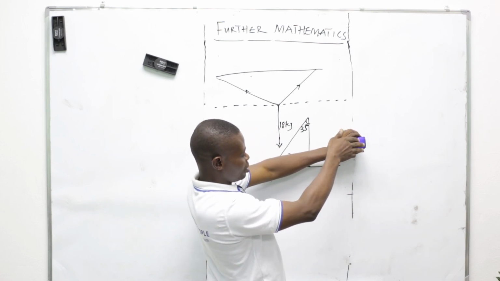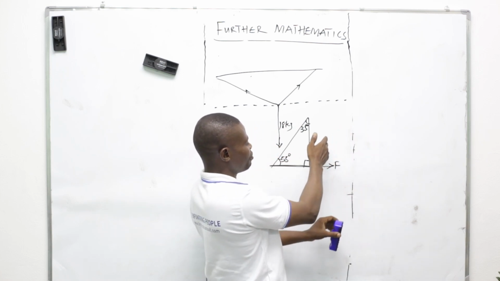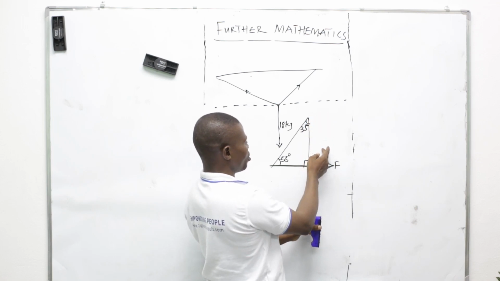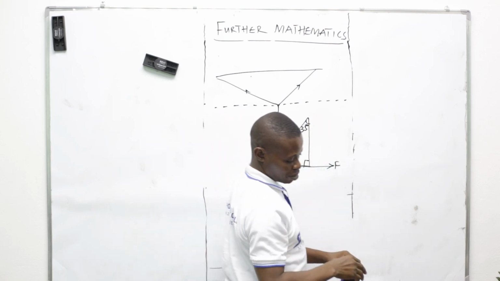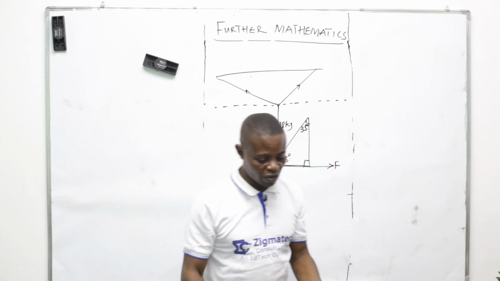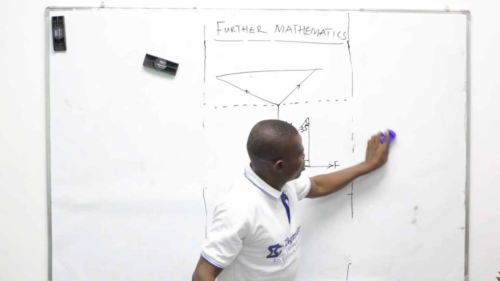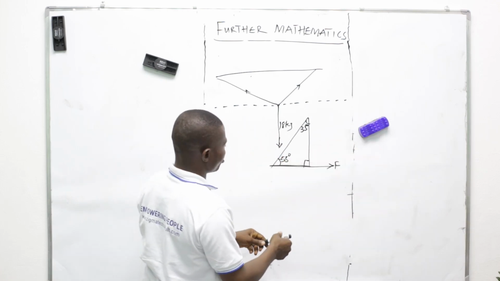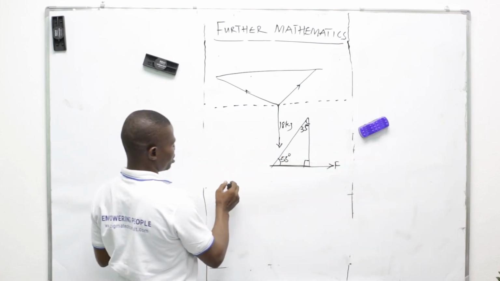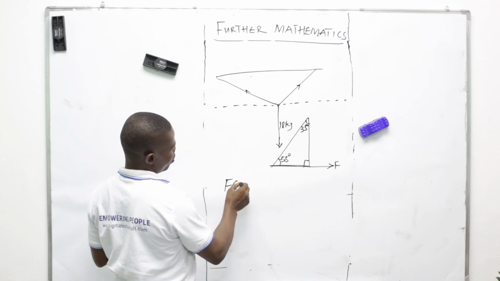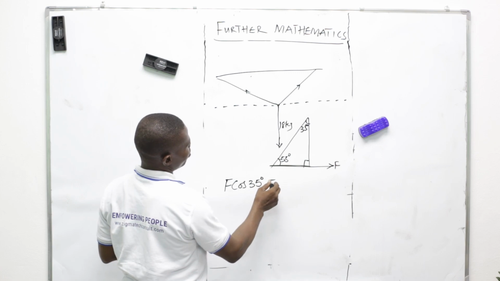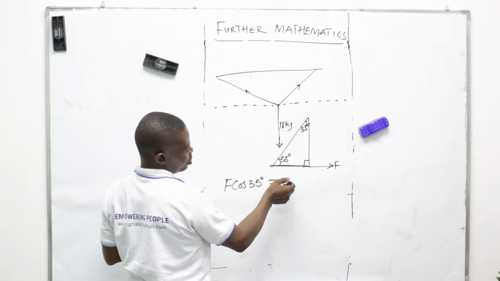It is now moving like this, meaning the force is here, adjacent over hypotenuse. Adjacent over hypotenuse is cos theta, that is F cos 35 degree equals mg.